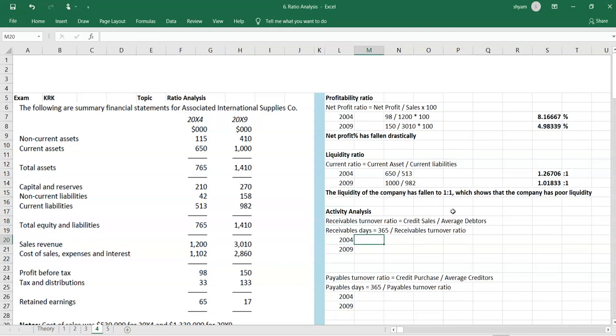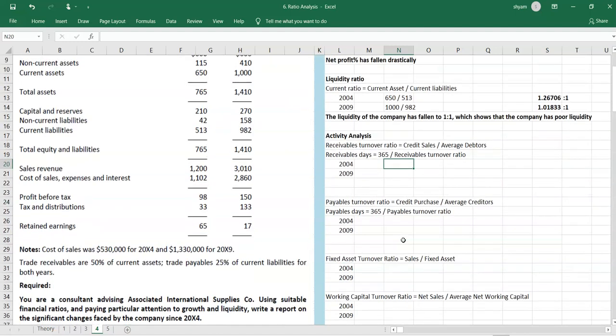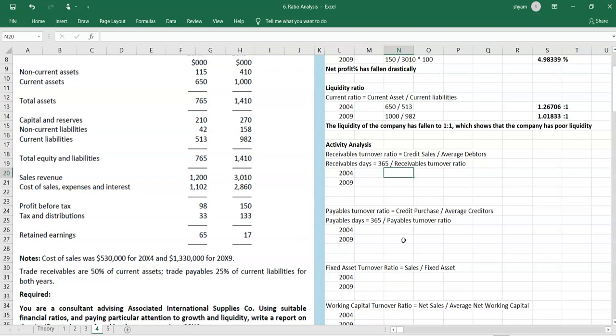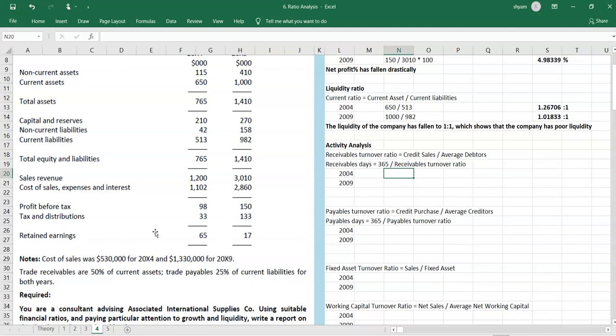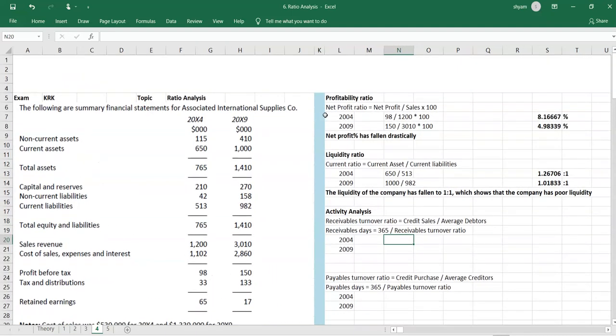So let's find out for activity ratio how these numbers work. The first one is we have to find out credit sales. So credit sales is not available, but I think cost of sales is available. I think we can work out gross profit also.